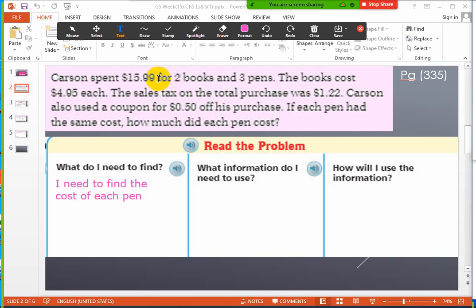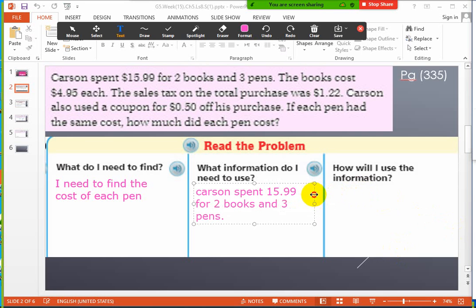Carson spent $15.99 for 2 books and 3 pens. This is the first number in the problem.